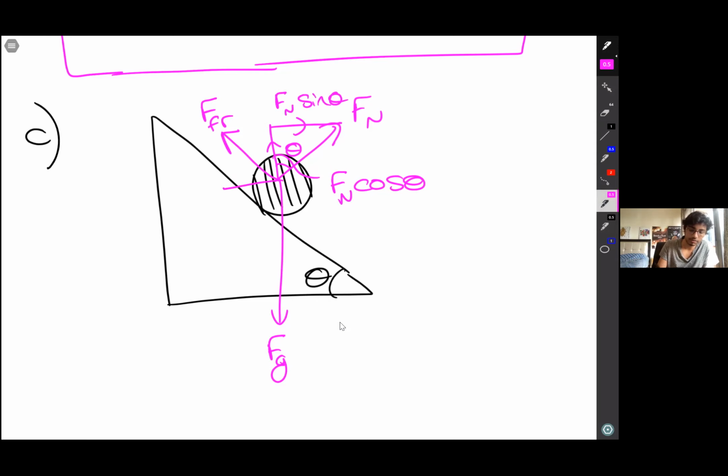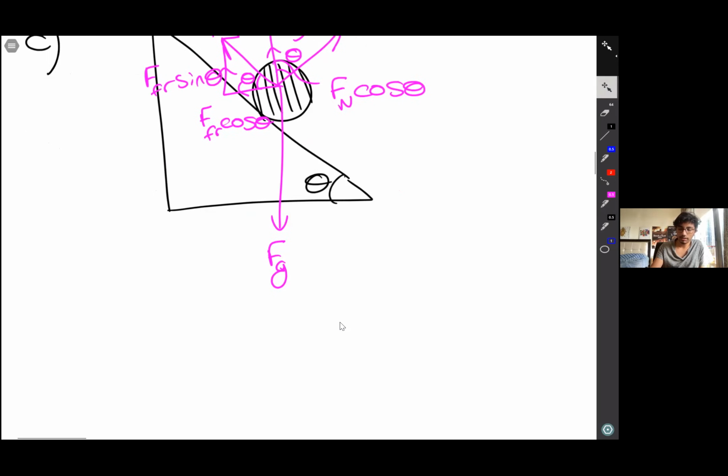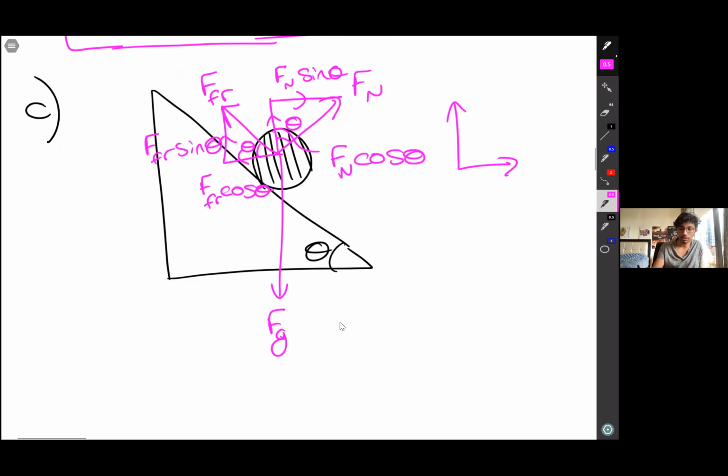Now let's break this up into its components. If this is theta, then this is cos theta, and up here will be F frictional sine theta. Yep, sine theta. Okay, once again, this is the horizontal direction, this is the vertical direction.